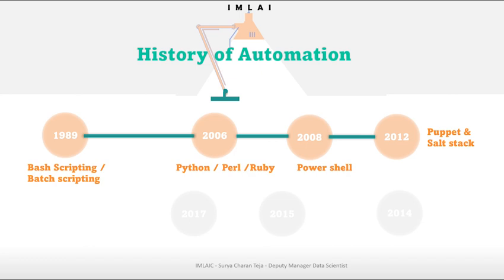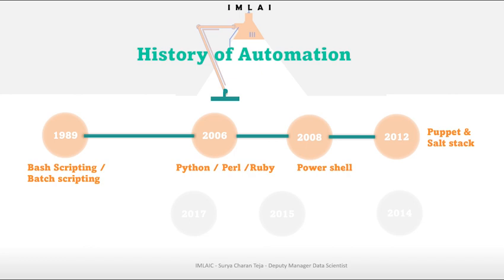But then when the DevOps movement came in, we started adopting Puppet as an automation tool. Along with Puppet, we had Salt Stack, which was a very nice and simple tool to execute commands on a remote machine. A combination of Puppet and Salt Stack was very famous.